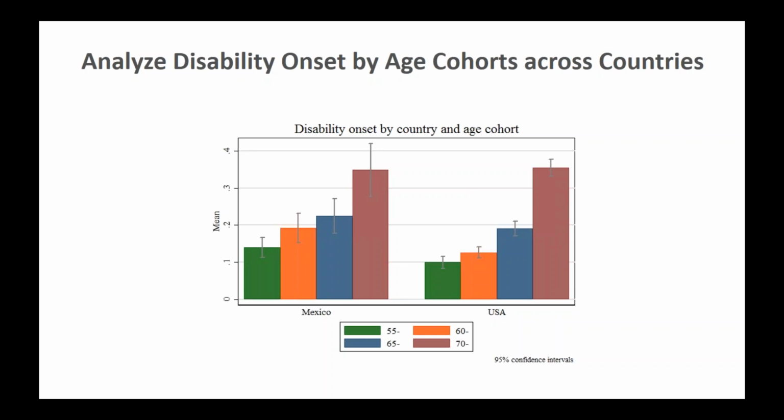It looks like the gradient continues at a more continuous slope inside of Mexico. But in the US, it looks like people stay fairly the same from 50 to, in this case, 64, but then it tends to jump quite a bit at 65.